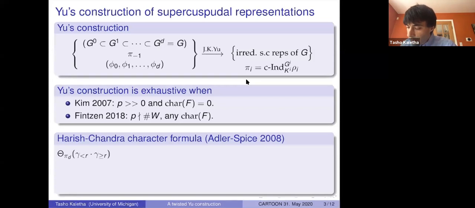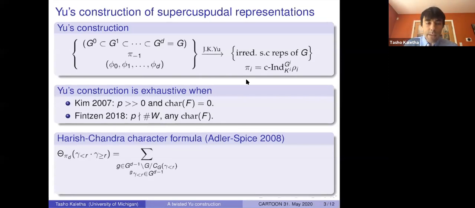And Adler and Spice say, if we want to compute the character, which I've denoted by theta here, we first have to write the element gamma, the regular semi-simple element, as a product of what people refer to as a head and a tail. So the head is the part of this regular semi-simple element whose root values are sufficiently shallow in terms of Moy-Prasad filtration theory. And the tail is the other part where the root values are deep.